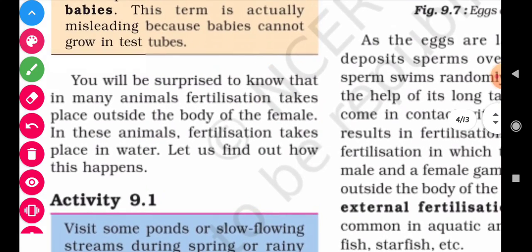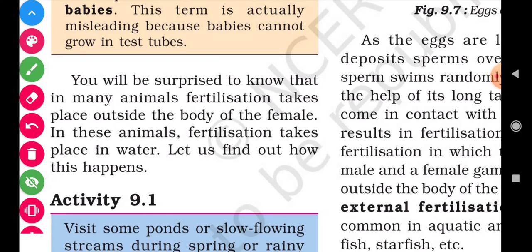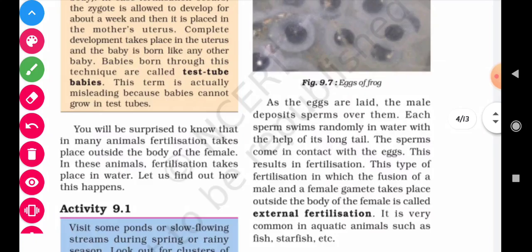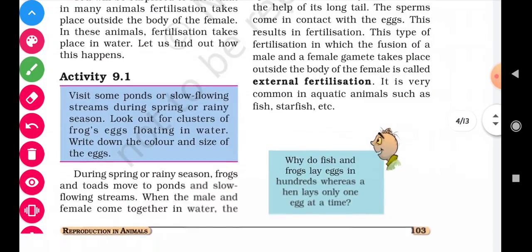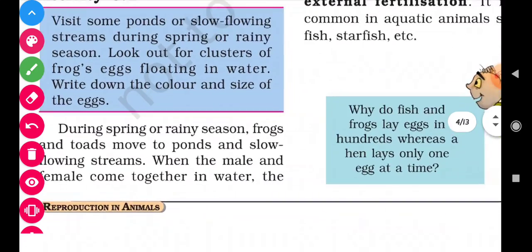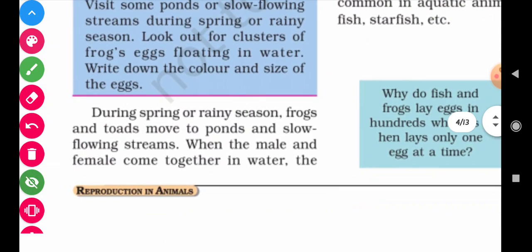You will be surprised to know that in many animals fertilization takes place outside the body of the female. In these animals, fertilization takes place in water. Let us find out how it happens. So, during the spring or the rainy season, frogs and toads move to ponds and slow flowing streams.